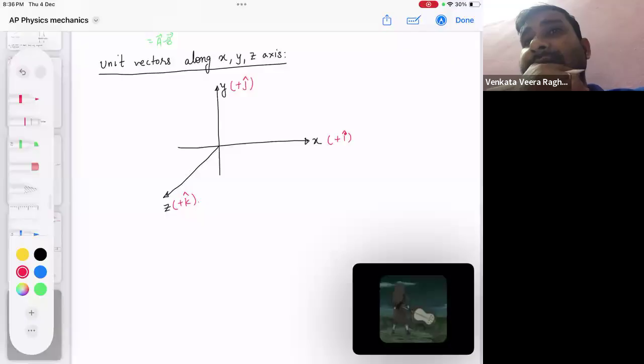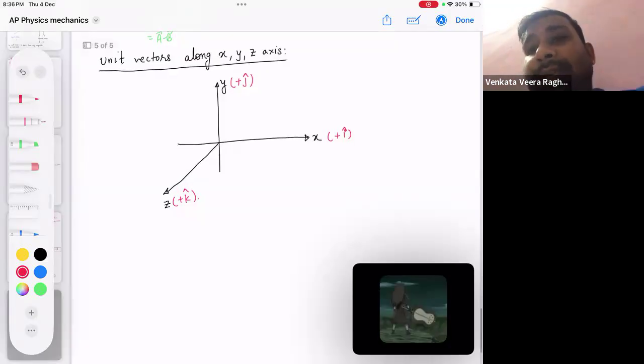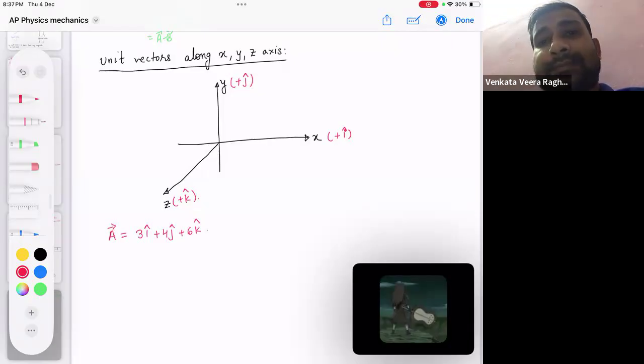So the unit vectors along the x, y, z axes are i cap, j cap, and k cap. Now suppose a vector is given to us, 3 i cap plus 4 j cap plus 6 k cap. What does this vector mean? We have to go 3 units in the positive x-axis, the i direction.